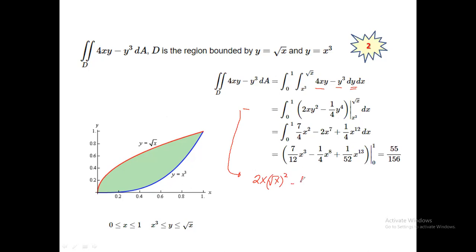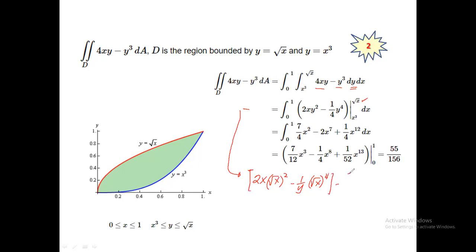Now minus 1/4, and that would be square root of x for the y raised to, sorry, this is in terms of y, correct. So raised to 4. What I have so far substituted, guys, is just the upper limit. Upper limit is square root of x pala ang na-substitute ko sa variable na y. I haven't yet substituted sa lower limit.